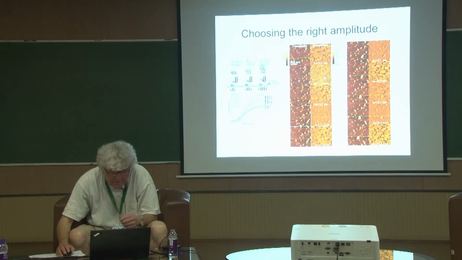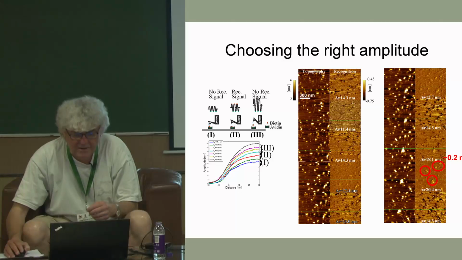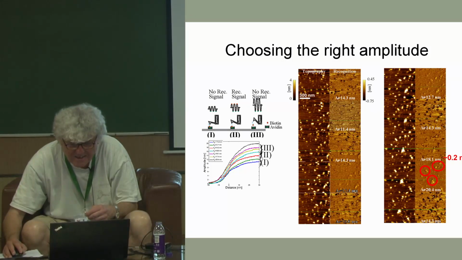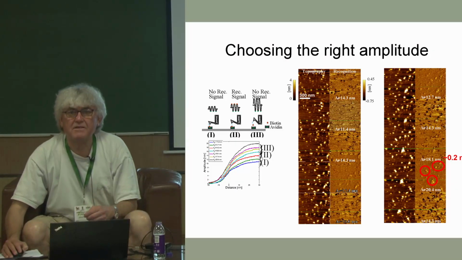With 11 nanometers, not so much, still a little bit. 14 again, very nice. At 17, we don't really get a recognition image; the amplitude is too large. 16 is still fine. 12 is a little bit too low. 14 is kind of the ideal one. 18 is also a little bit. 20 is too high, and here 14, and we get it back.